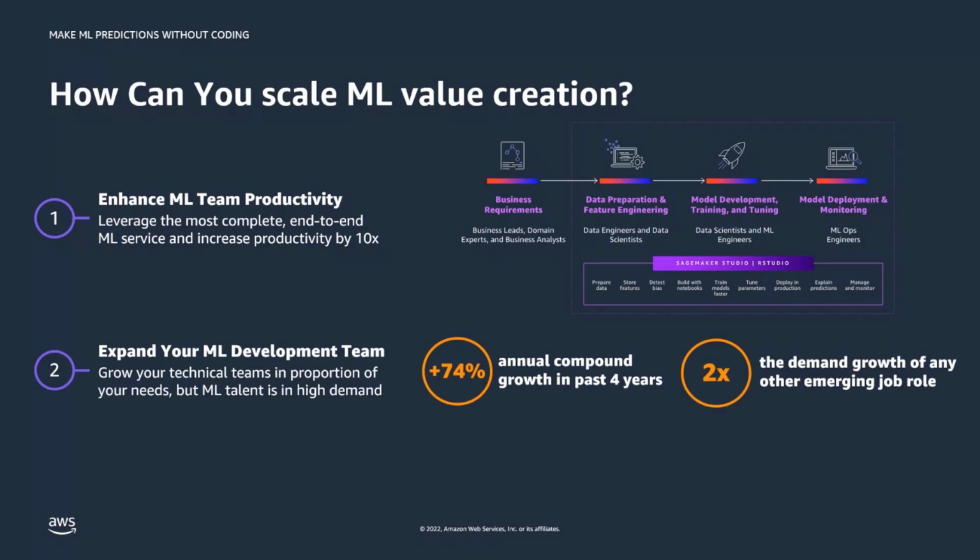And then the other approach is, let's go hire more data scientists, as an example. And so the problem is these statistics come from a LinkedIn emerging jobs report that basically says that AI practitioner, data scientist, this is the most popular job category out there, right? Over the last 4 years. And so what this means is those resources are in demand and expensive and scarce.